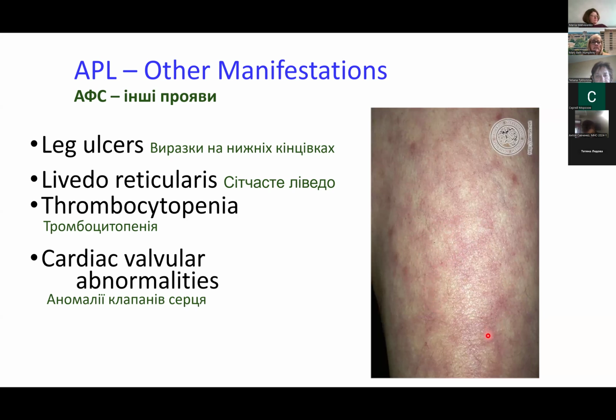And this indicates a vasculopathy. So we see this with anticardiolipin or antiphospholipid antibodies, lupus anticoagulant. We can see this as a manifestation of vasculitis, independent of antiphospholipid antibodies.